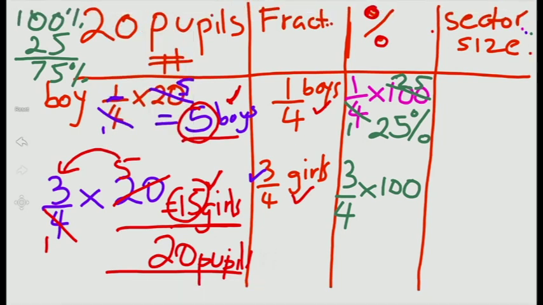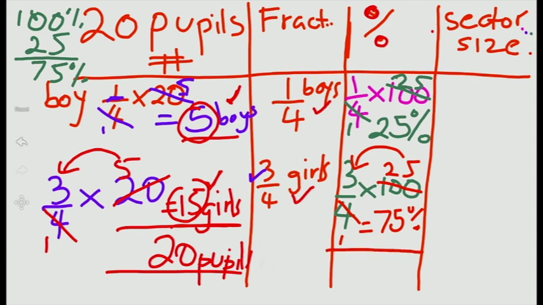Right? Let's divide that. How many 4s in 4? 1. How many 4s in 100? There are 25. That 25 needs to be multiplied by this 3 to get 75%.